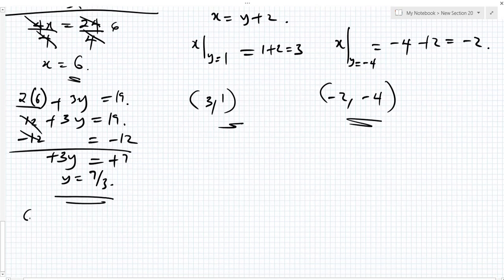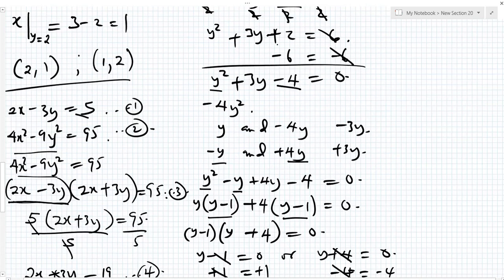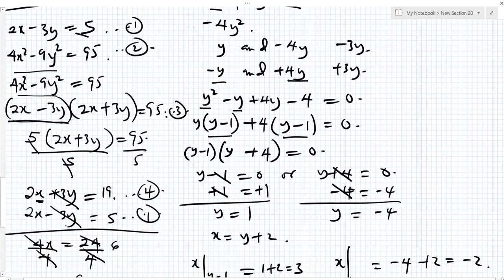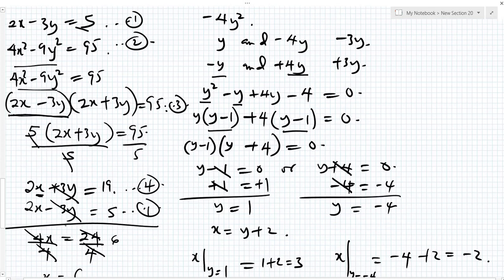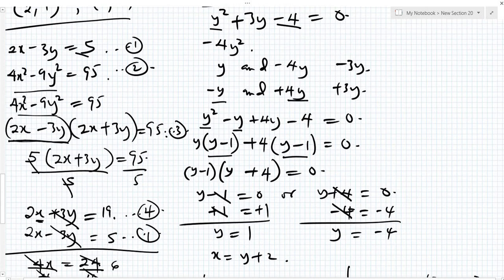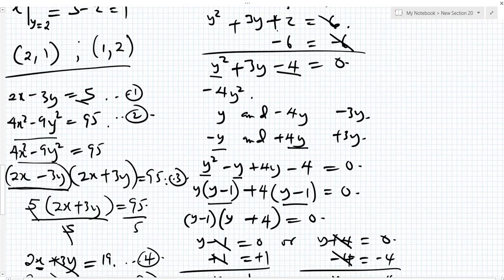So this is just one equation, one solution, 6 and 7 over 3. There is the second solution. So for us to get the second solution, okay, this should be only one solution.